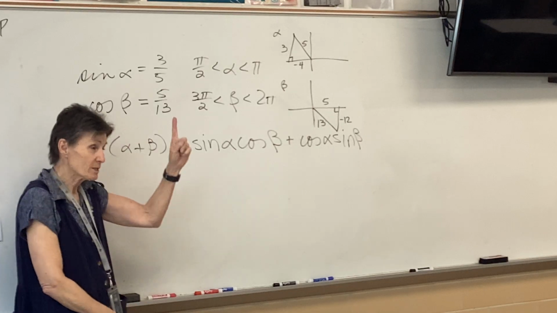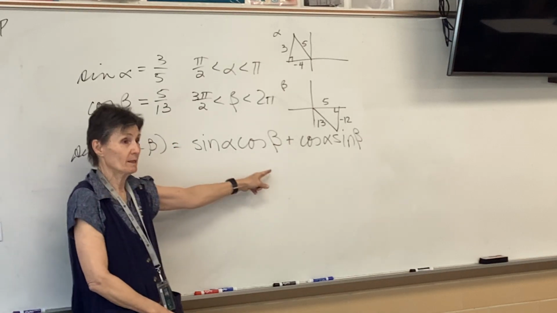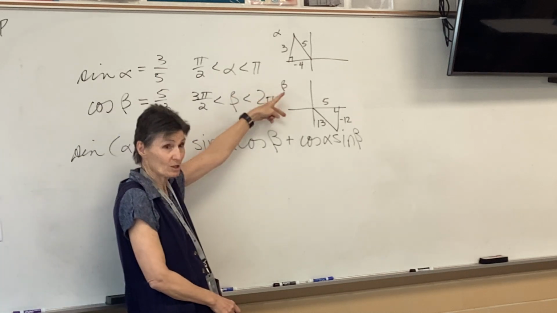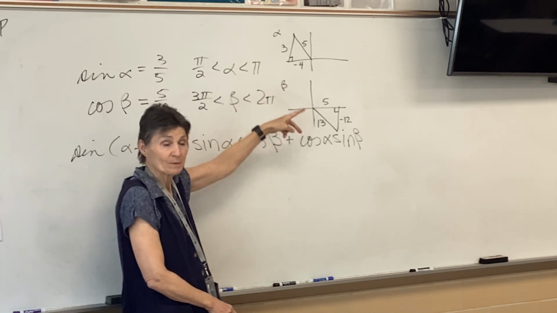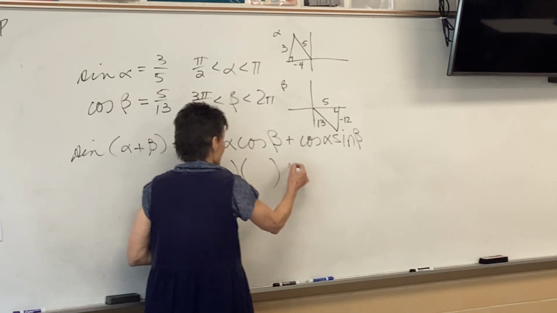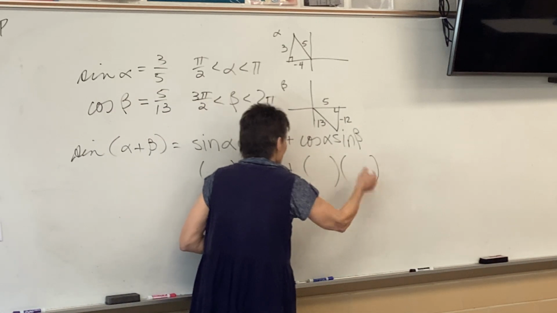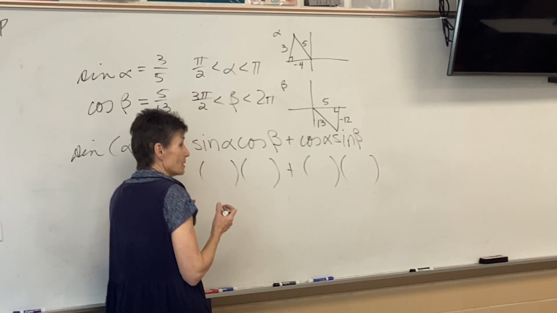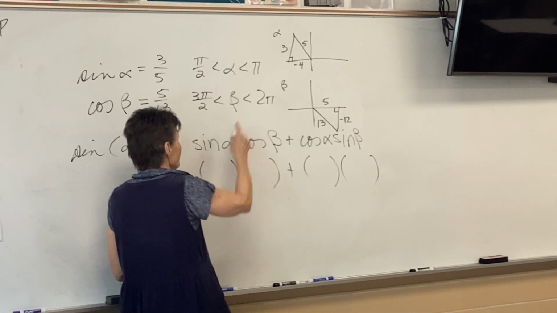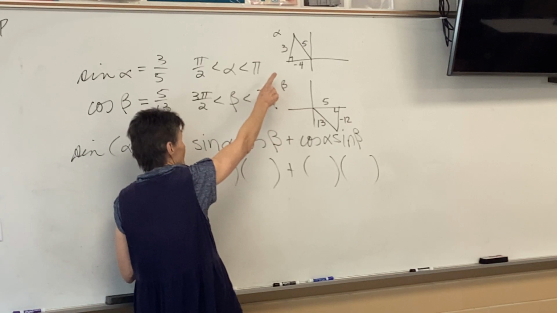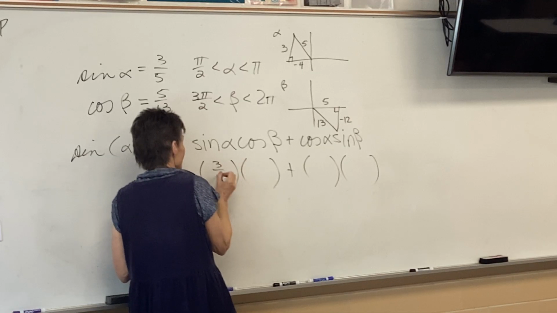Okay, so first thing we do, write out the formula we need for the problem. Second thing we do, draw a picture of the given. Now it's easy. Now we just take the numbers from the triangles and put them into our formula. So sine alpha, that's alpha up there on the top. What's the sine of alpha? 3/5.